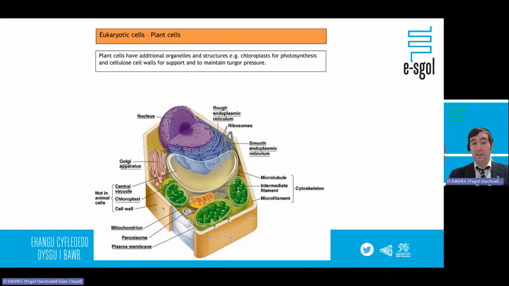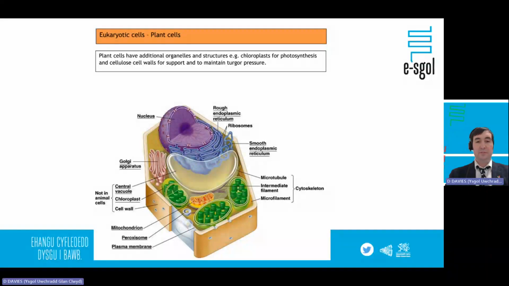So you have your chloroplasts. Now you know that from GCSE, but chloroplasts have parts within them. You also have your cellulose cell wall. Made of cellulose, that's quite significant. You have something called a cytoskeleton, which helps with the structure of the cell because plants don't have skeletons, so they need structure at a cellular level.